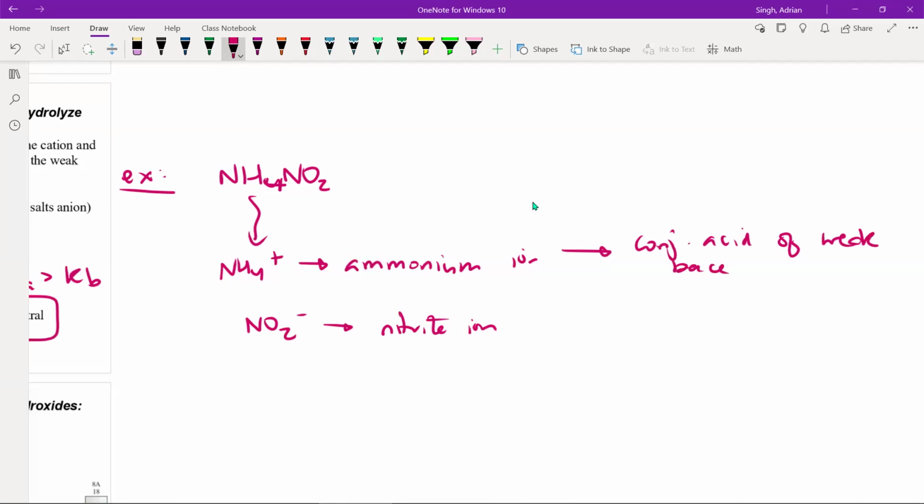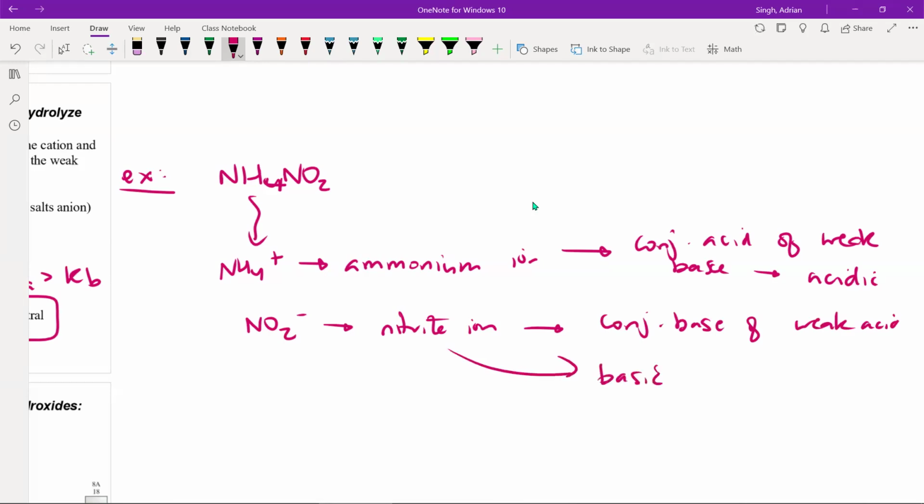So this will have some acidic nature to it. The nitrite ion, as we saw previously, is the conjugate base of a weak acid. Okay, so this would contribute some basic character to the solution, which is going to win out.